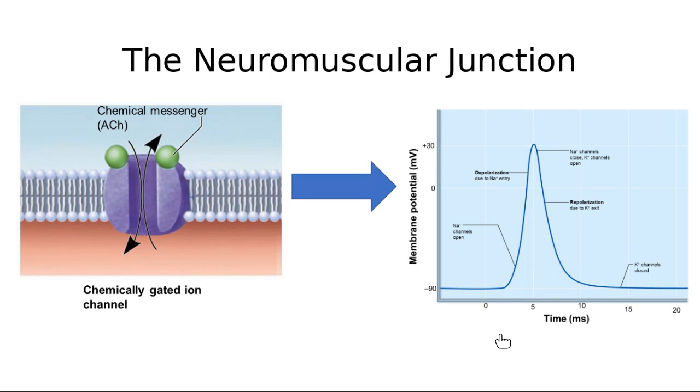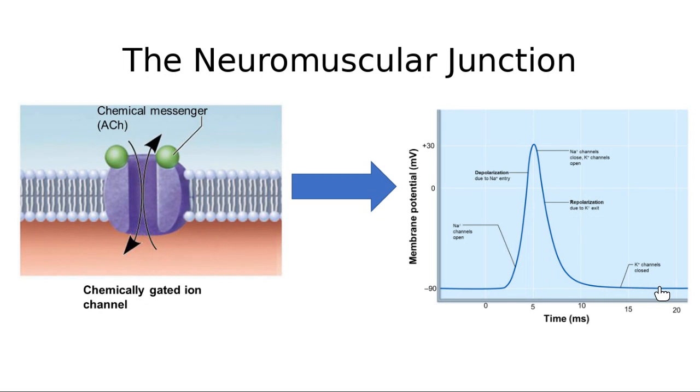We already summarized this information on the table, but I want to point out that we use sodium, Na+, sodium channels to depolarize the sarcolemma on a muscle cell. When we get all the way up to positive 30, at that point, we're going to repolarize the membrane using potassium.